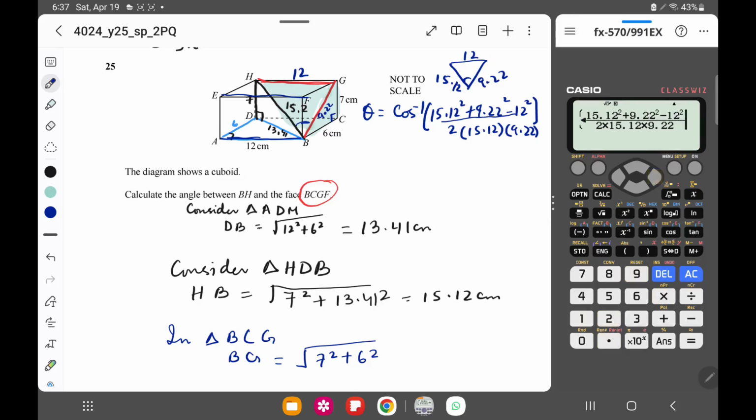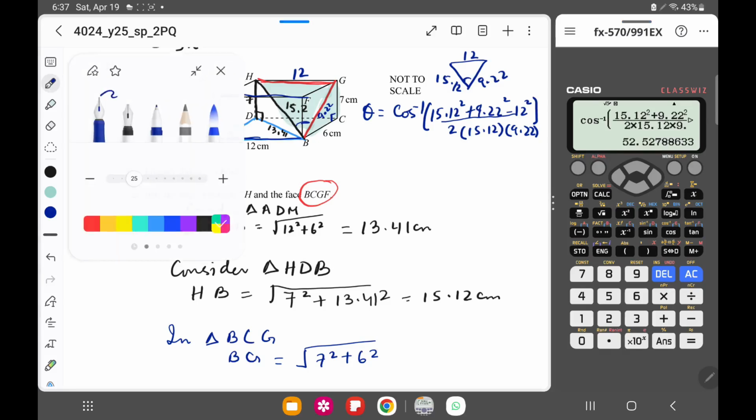Bracket close, equals 52.527, or sorry, 52.2.